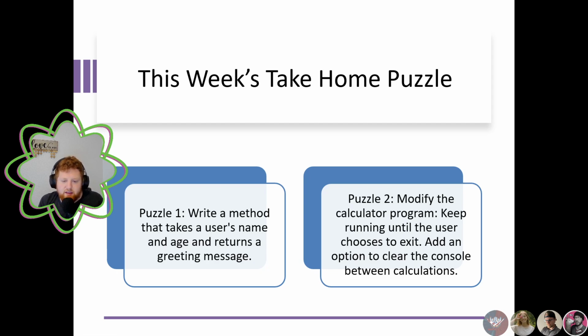Puzzle 1. Write a method that takes a user's name and age and returns a greeting message. Okay? Now, it's got to take their name and age, but this is what I want you to do. I want you to make sure that they can type anything they want in there.